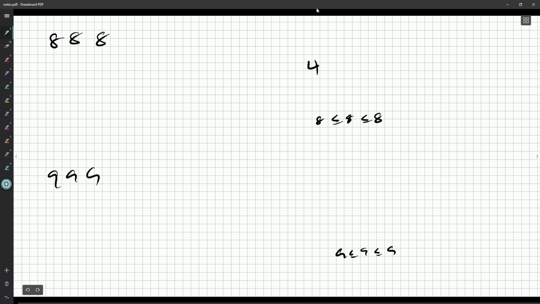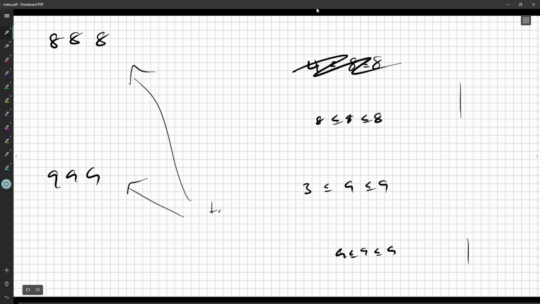Because even if I try the biggest factor of 8 that I can work with, 4 here, even if the next 2 are 8s, this isn't going to work. So only 1 there, and similarly, there's only going to be 1 here with the 9s. The next biggest thing would be 3, and even if I had 2 9s, the biggest possible digits I could have, it's not going to work. So you'd write that up a little nicer, but essentially what's going on here is these are too big. Okay?